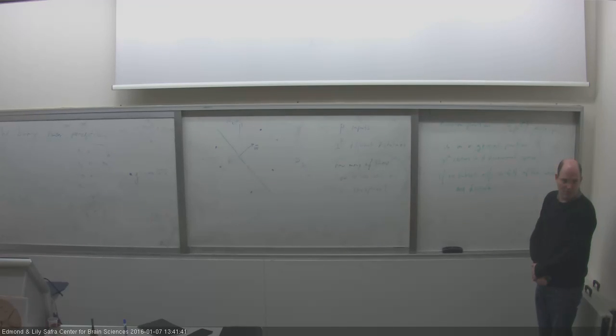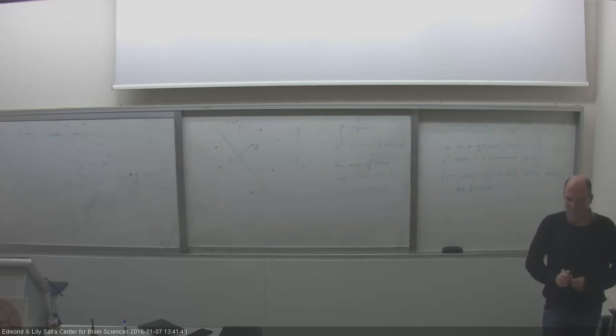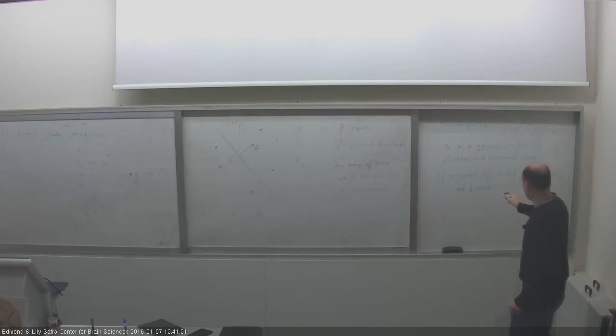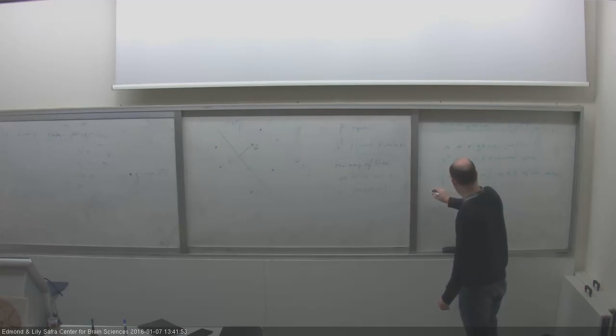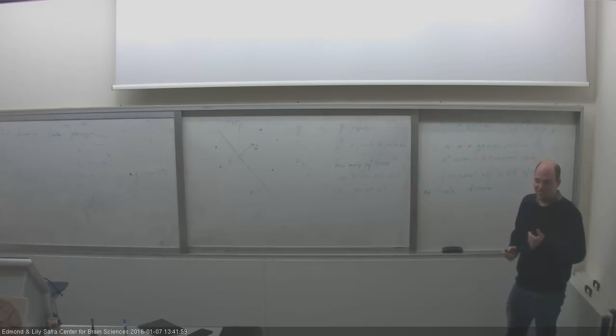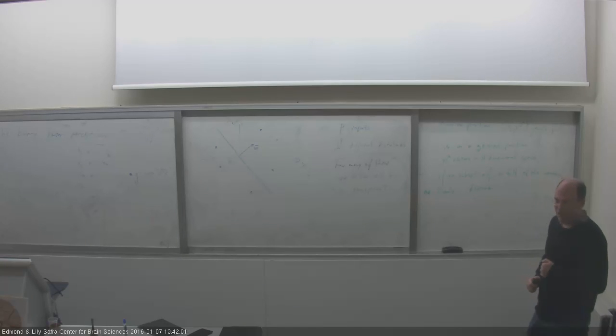Sometimes this is called a linear general position, but I'll just call it general position. And the vectors are linearly independent, not statistically. This is the sense of linear algebra, that you can write one of these vectors as a combination of the other ones.